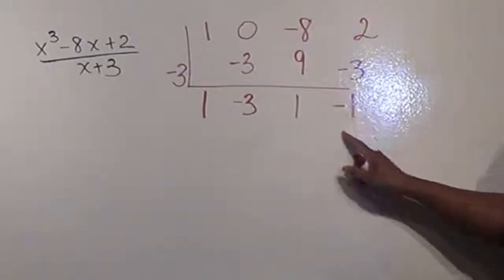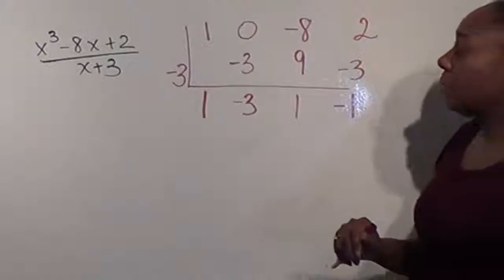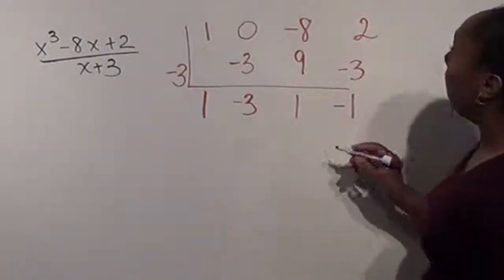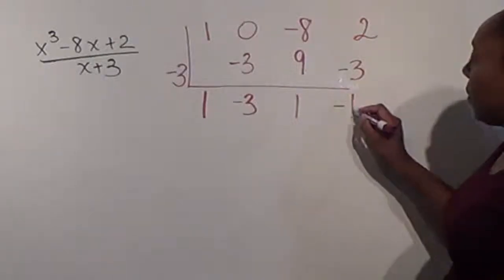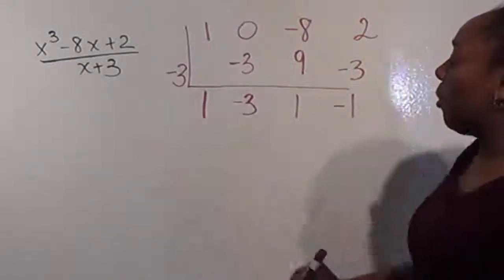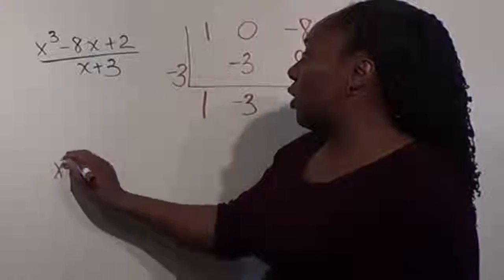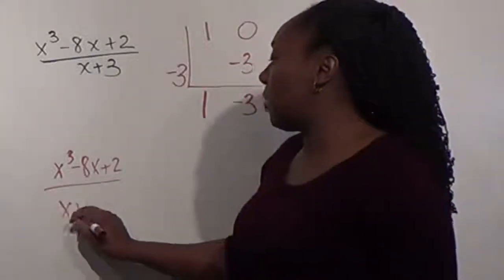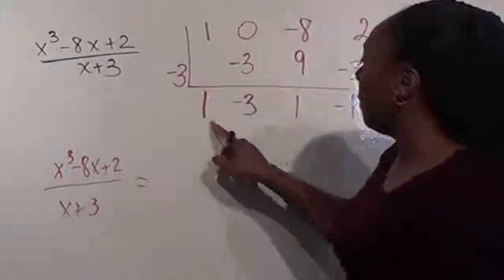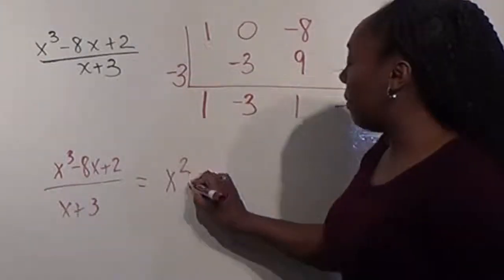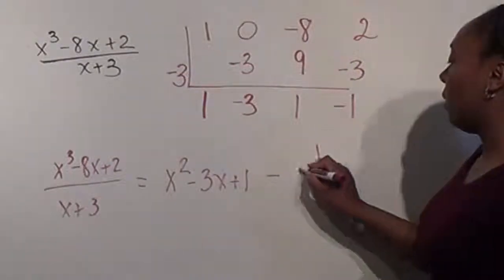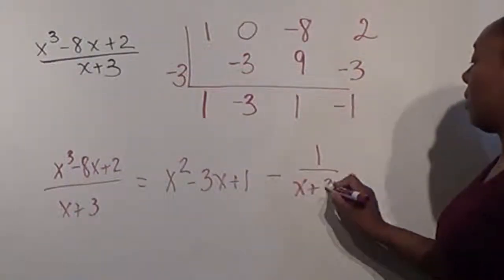So for this one, I don't quite get a remainder of 0, but I can still pull off my quotient and my remainder. So again, in this case, this last term is my remainder. This piece is my quotient. So my x cubed minus 8x plus 2 divided by x plus 3 is going to equal x squared minus 3x plus 1 minus 1 over x plus 3.